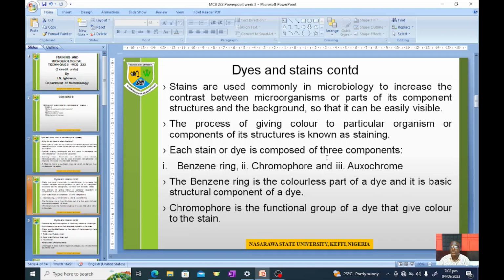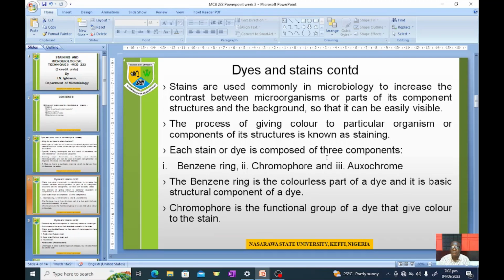Stains are used commonly in microbiology to increase the contrast between microorganisms or parts of their component structures and the background, so that they can be easily visible. In other words, you use stain to increase contrast between microorganisms, or the individual component parts or structures, and the background.